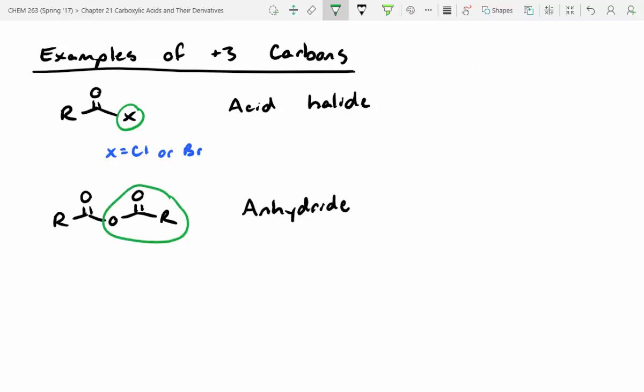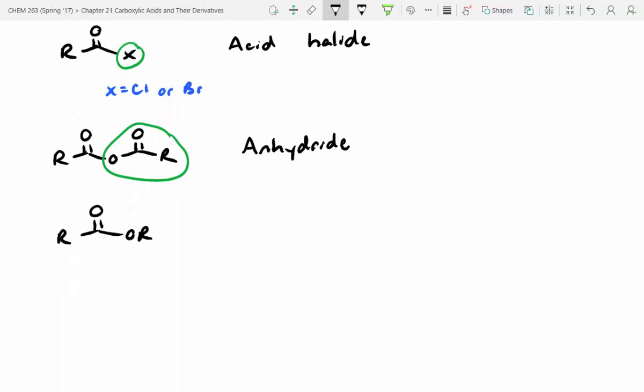This is our electron withdrawing group down here. Okay, if we keep on going, we've got our esters. Again, we've got this nice electron withdrawing group. And keep going.